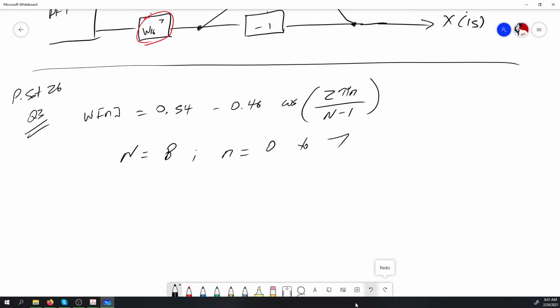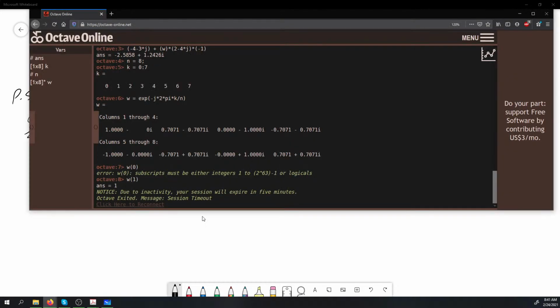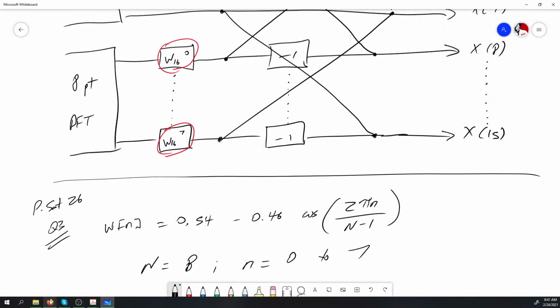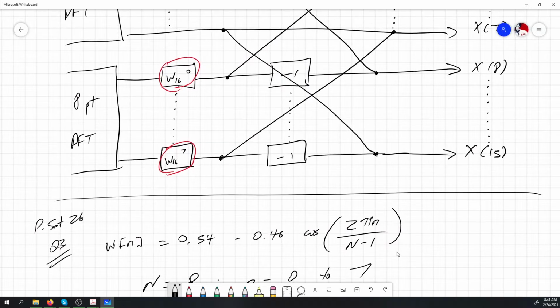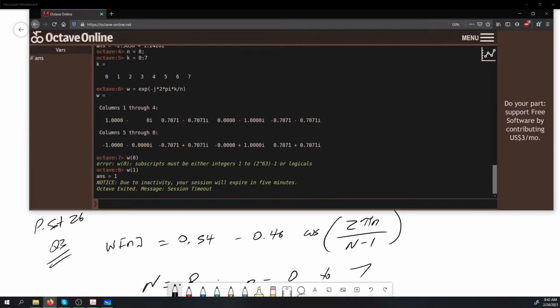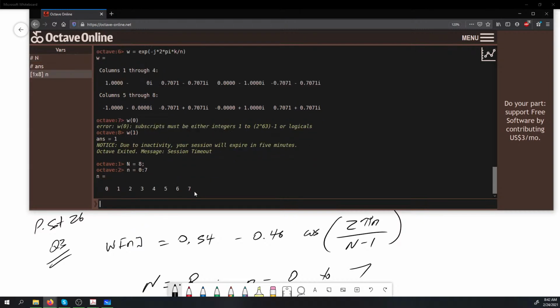So we can just plug this straight into Octave. Let's bring this down here so we can see our equation. So we know that capital N here is going to be equal to 8, and then lowercase n here is going to be from 0 to 7.